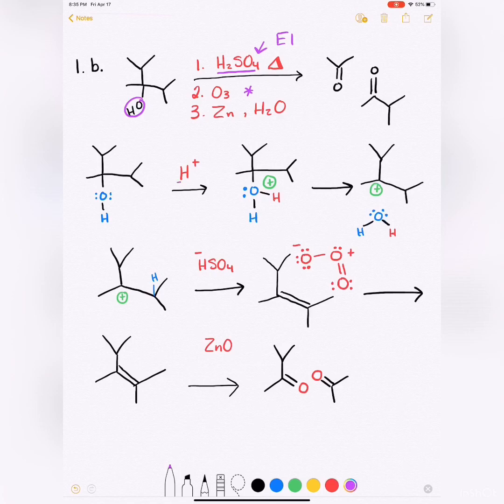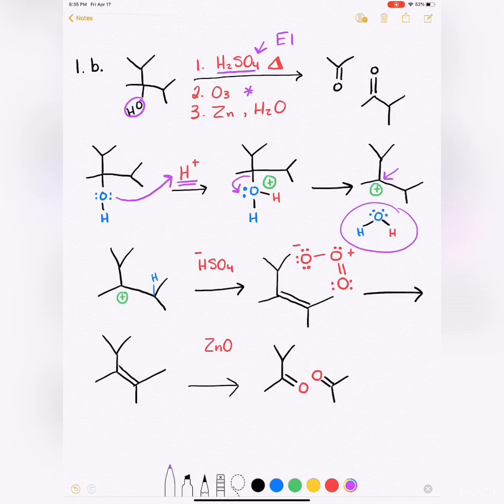The H+ that is in solution from the H2SO4 can be attacked by this oxygen, creating an oxonium ion, which is a great leaving group. It's basically a water molecule. So this formal charge on the oxygen will be satisfied by this bond when it collapses, forming this water molecule and a tertiary carbocation there.